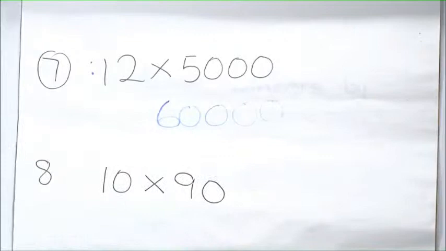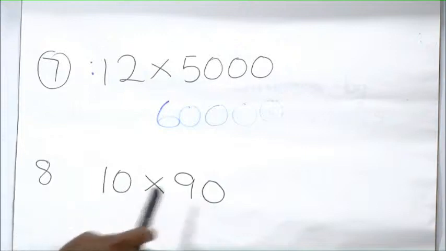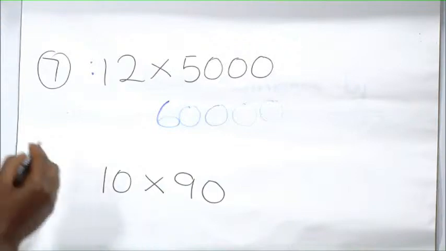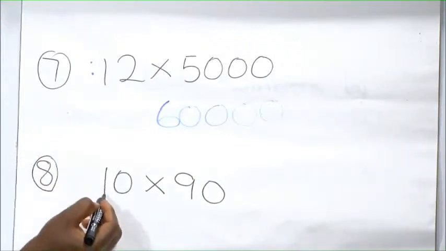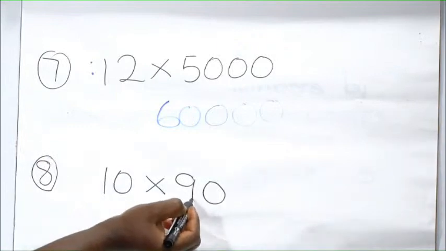Ten times 90. The pattern has changed, but the same strategy. With this, we are going to multiply 1 and then 9. 1 times 9.